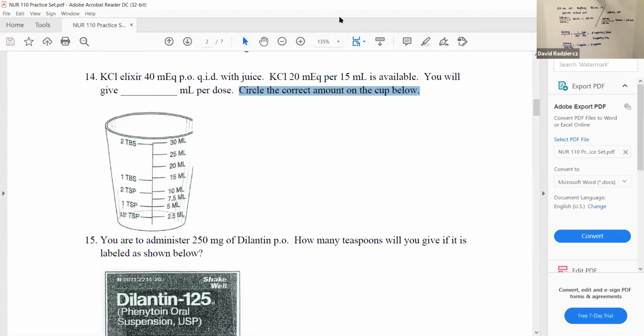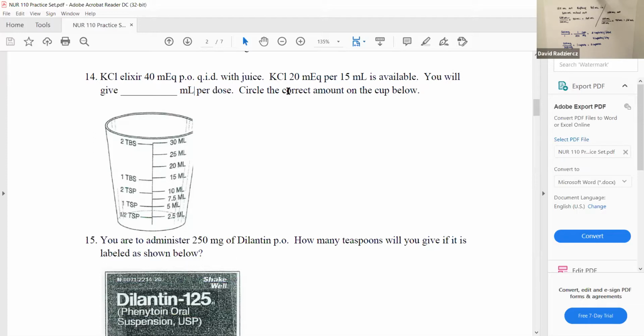If I were doing this, since it's asking for milliliters and I only have milliliters listed on the cup on the right-hand side, I would safely assume my answer is one of these choices: 30, 25, 20, 15, 10, 7.5, or 2.5. So if you ever get stuck, just know your answer is likely on the cup, okay?